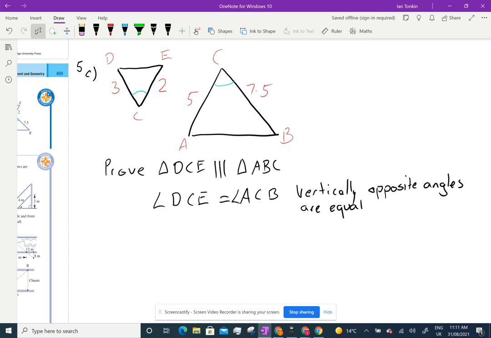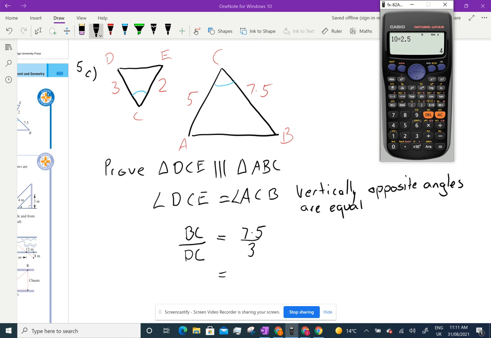It makes it easier. So I'm going to do BC, that's the longest side, the big one, over DC equals 7.5 over 3, which equals 2.5.